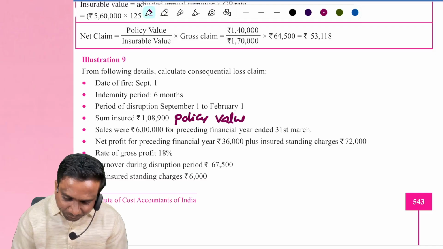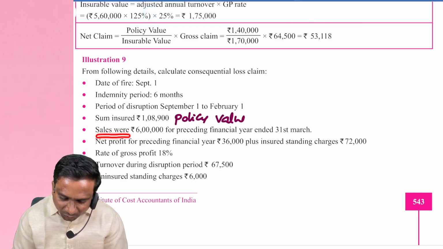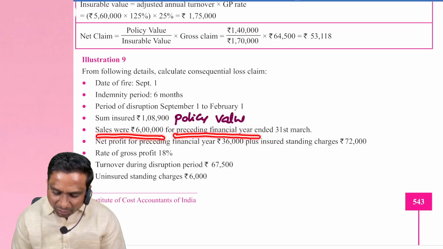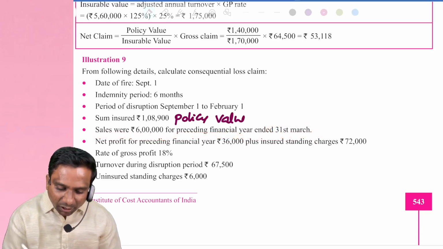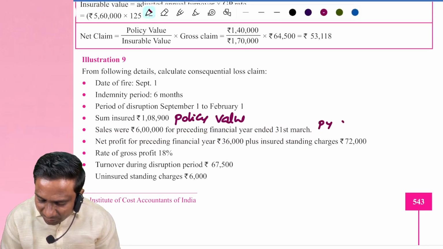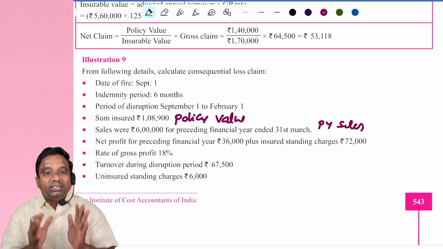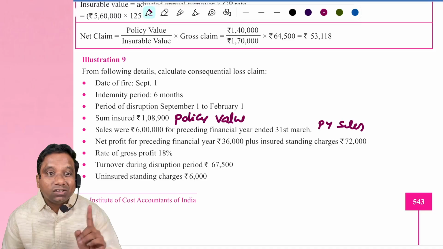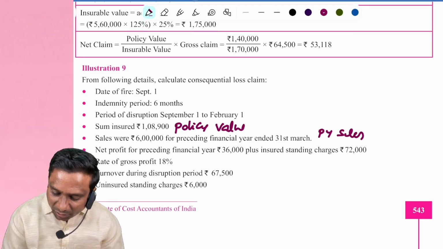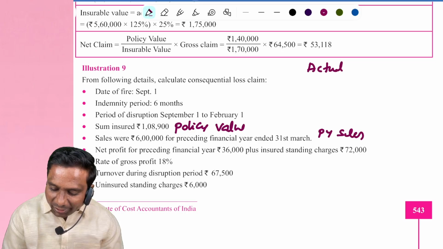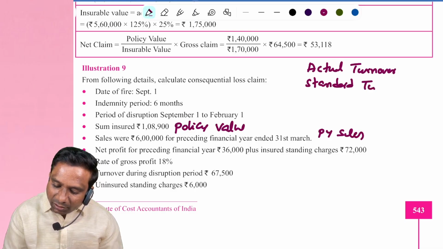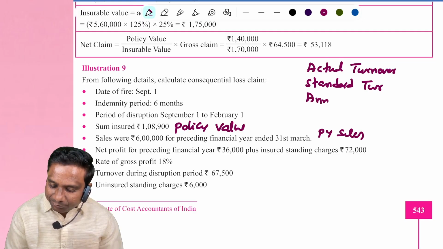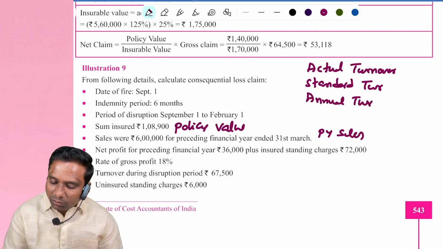Next one. Sales were 6 lakhs for the preceding financial year ended 31st. This is just our previous year sales. Next, standard turnover, and annual turnover.